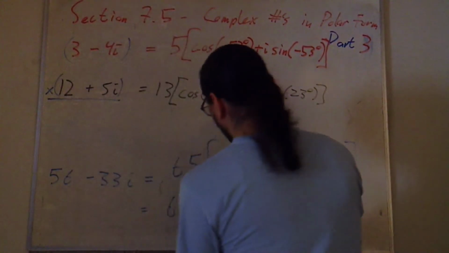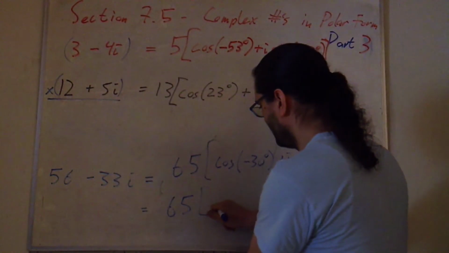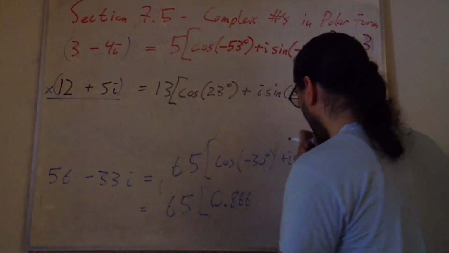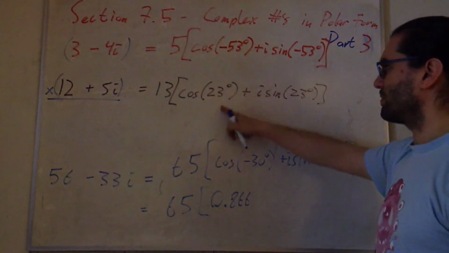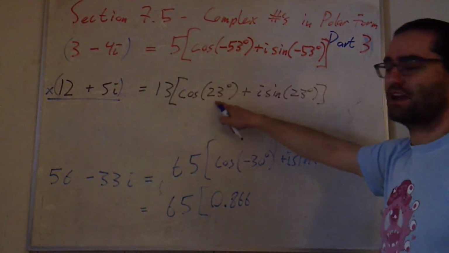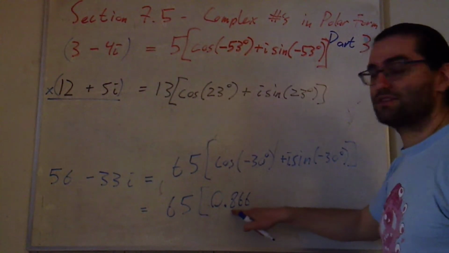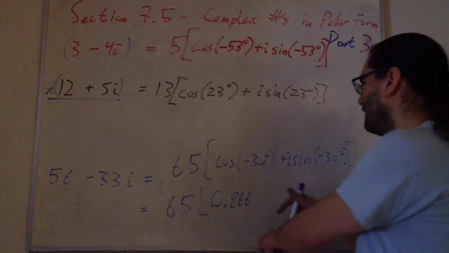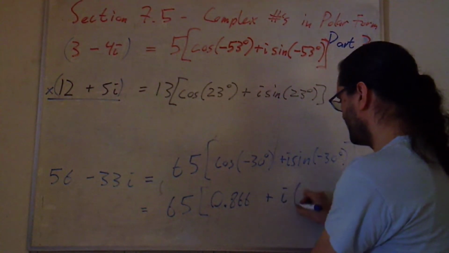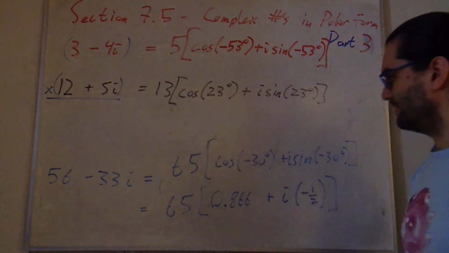So, cosine of negative 30 degrees is approximately 0.866. And again, all of these things are sort of approximations on this end. It's not exactly 53 degrees and it's not exactly 23 degrees here. Both of these are rounded. So this is also an approximation. The sine of negative 30 degrees is negative 1/2. So that's nice and convenient there.